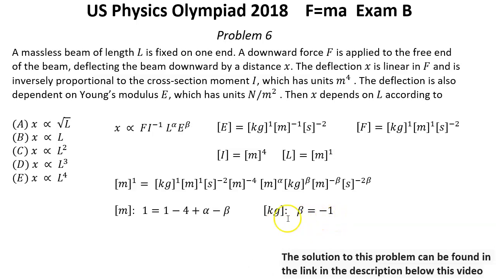We can put this beta in this equation for meters and find that alpha equals 3. It means that x must be proportional to beam's length L power 3. That's answer D, and this is the correct solution for problem number 6.